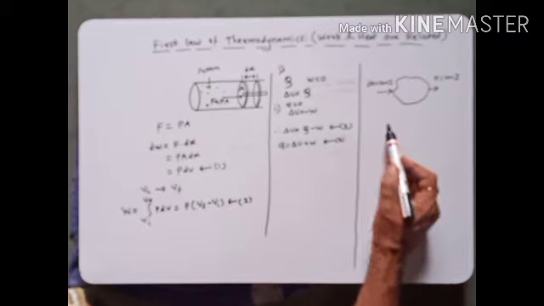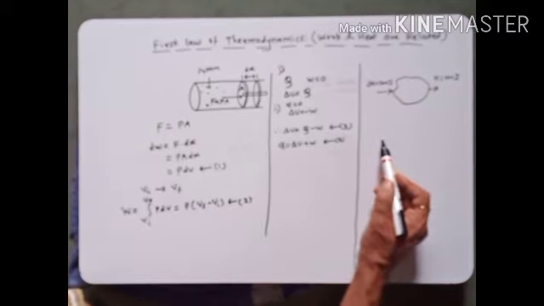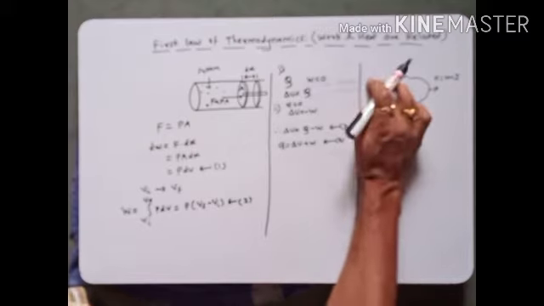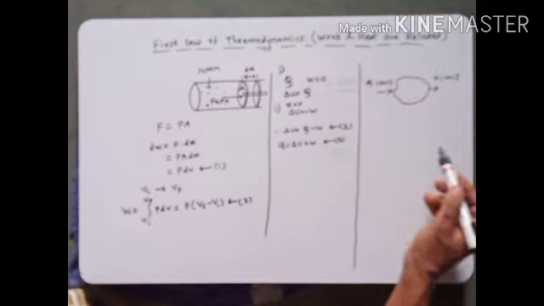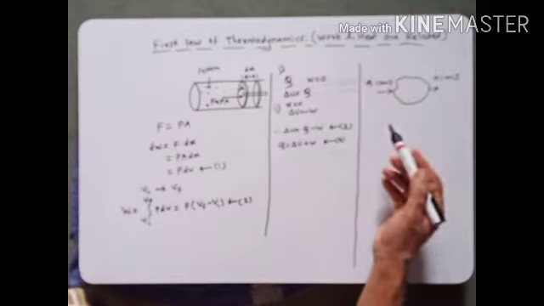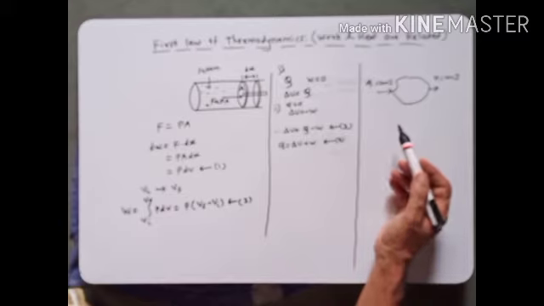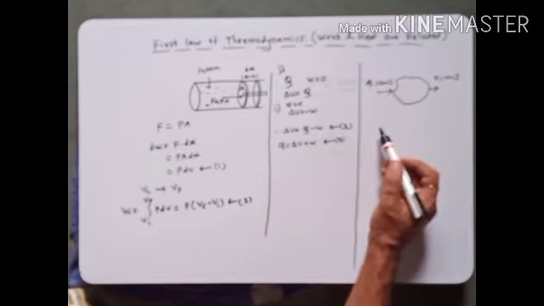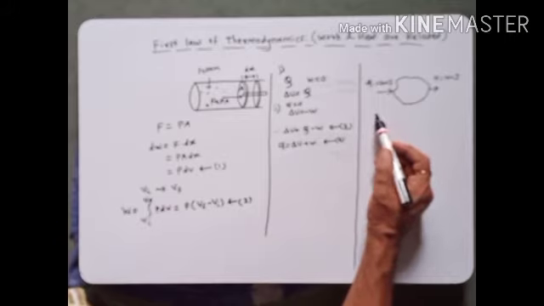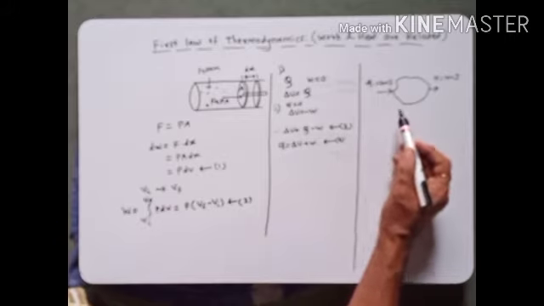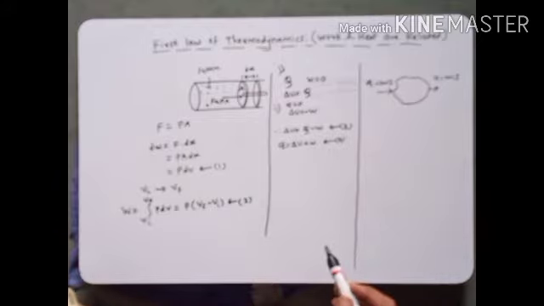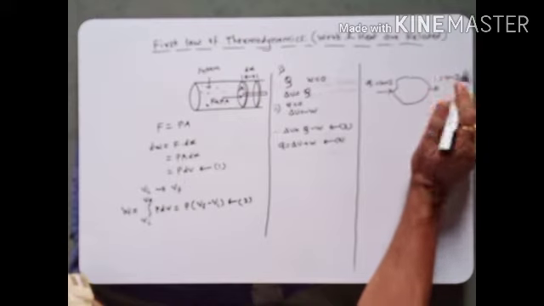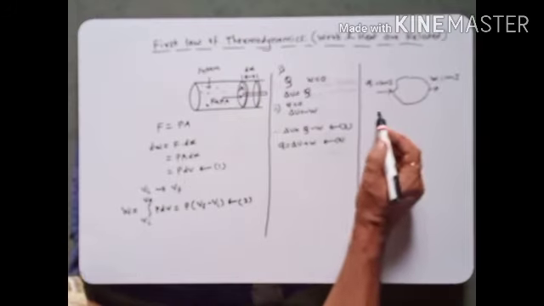Suppose Q is the heat given and H is the heat outside. Then Q is equal to 200 joules and W is equal to the work done, W is equal to 100 joules.